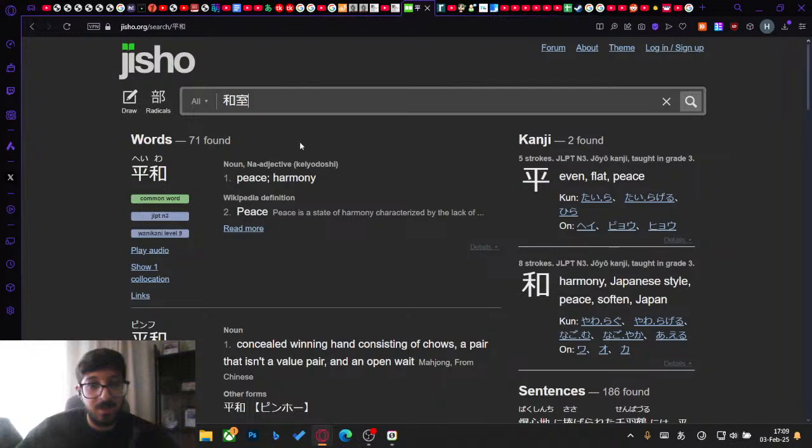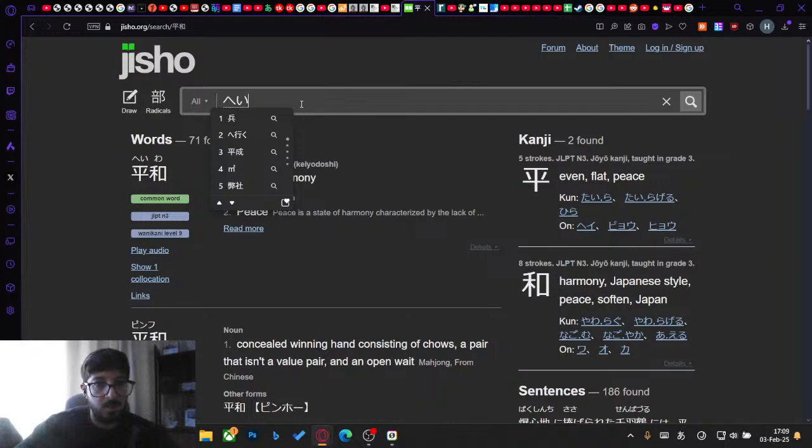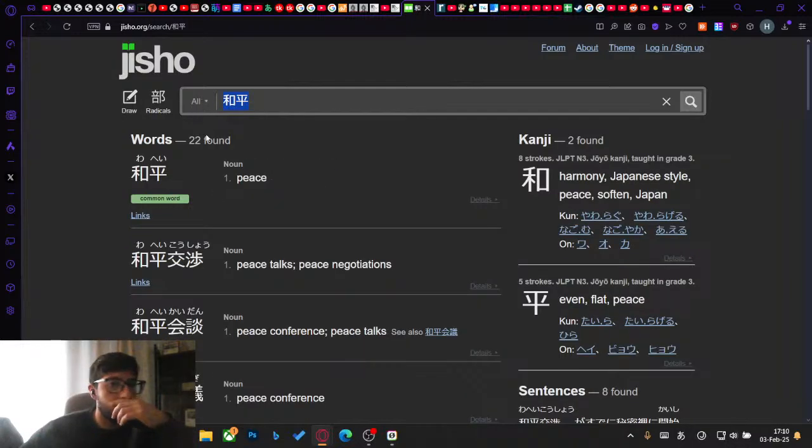Washitsu is the same kanji. Heiwa, and hei means even or flat. Japanese style. Or wahei is also peace. It's the same.